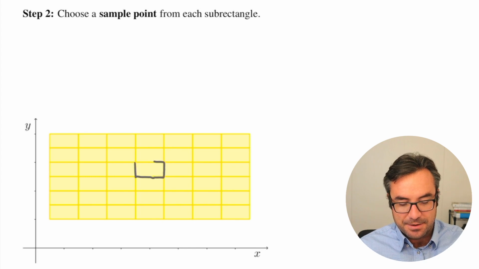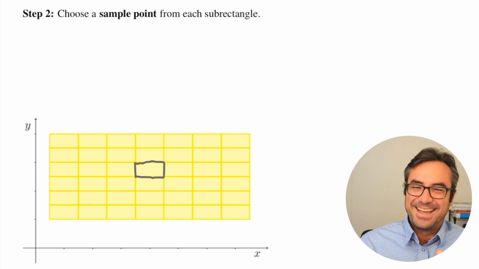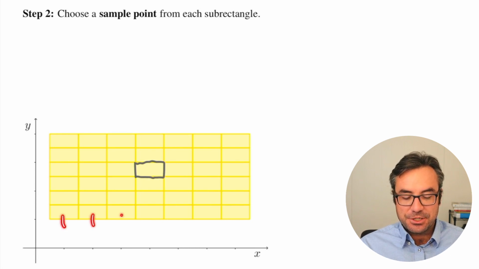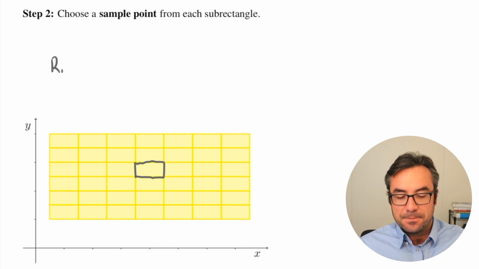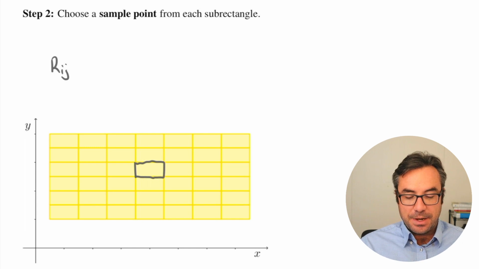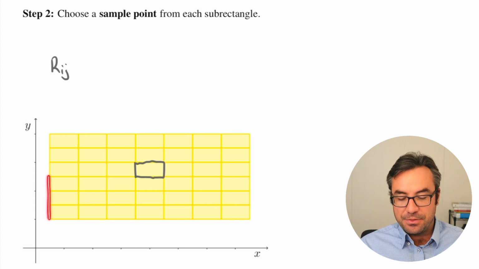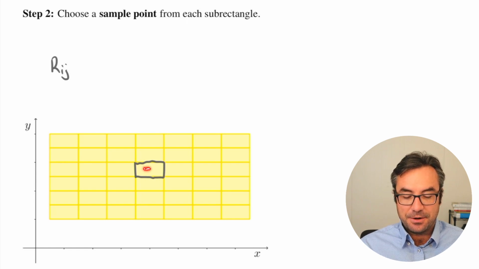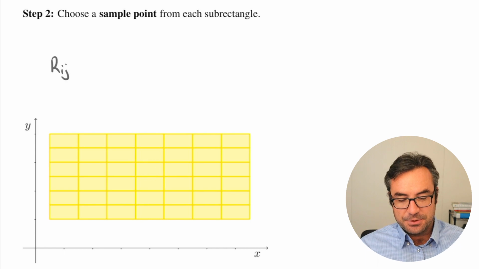So this rectangle here, we're indexing the x direction with the letter I, and we're indexing the y direction with the letter J. Actually, let's pick a different one so we can actually tell.